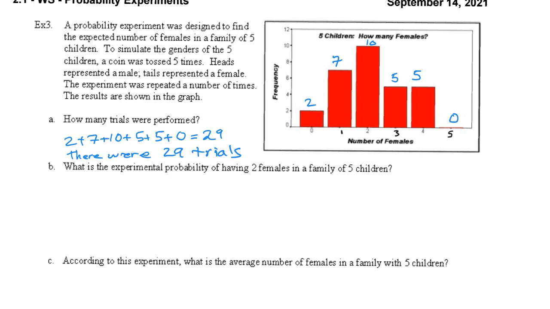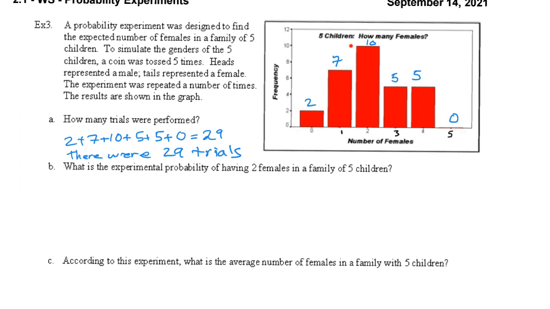Now it's asking us for the experimental probability of having 2 females in a family of 5. To find that, we look along the bottom of our graph, which represents the number of females, go to position 2, and then go up.